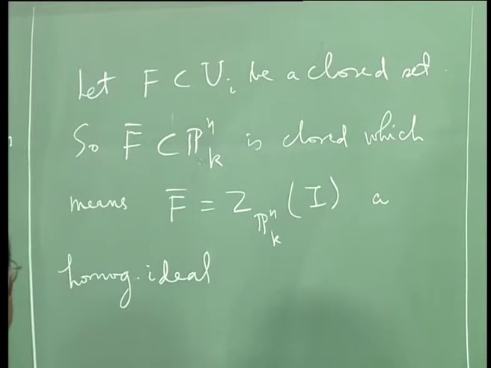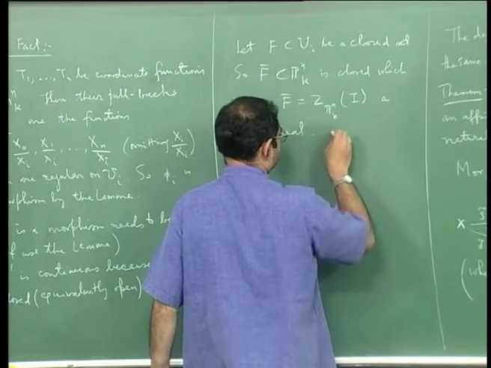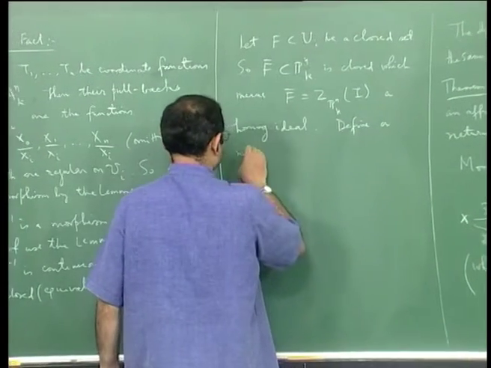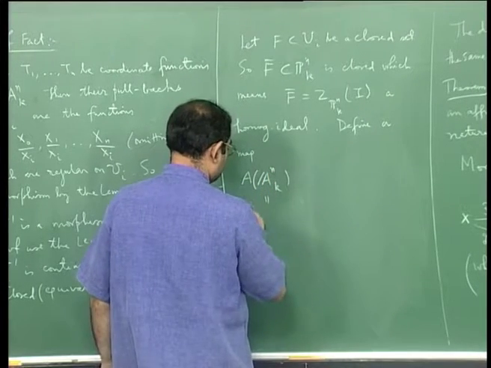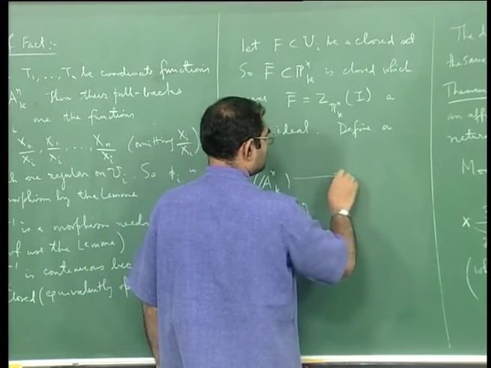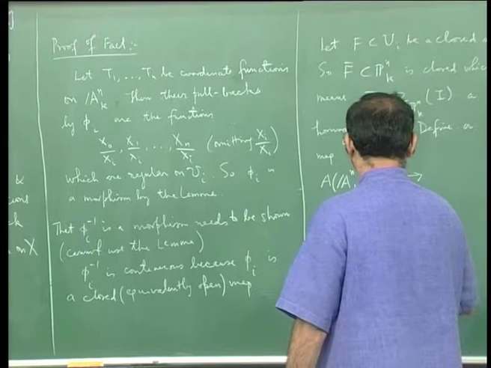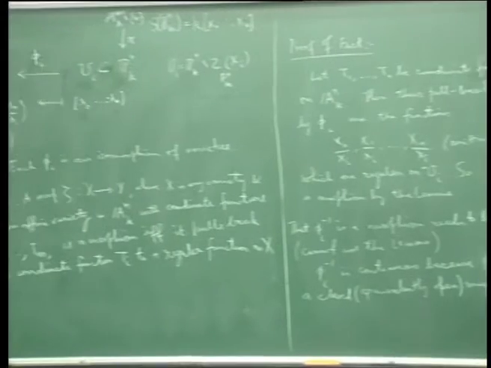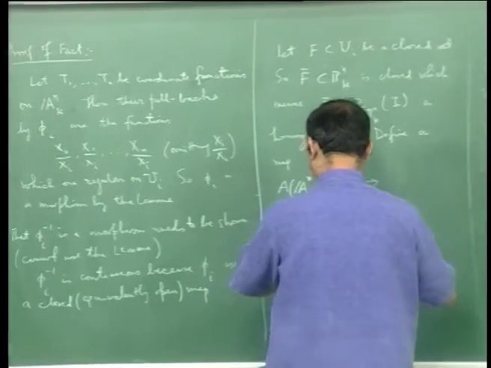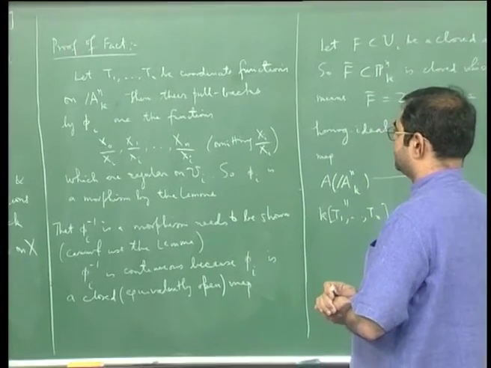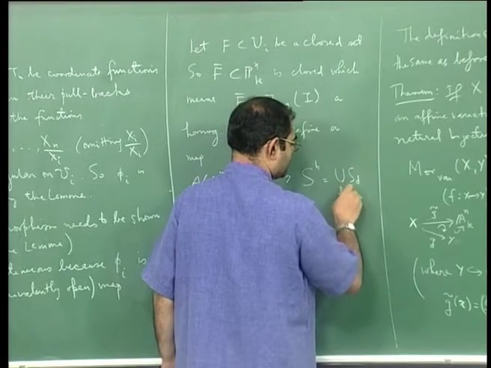And now define a map from the affine coordinate ring of An, which is k[T1 etc. Tn], to the set of homogeneous elements in S. This is just the union of S_d, d greater than or equal to 0.